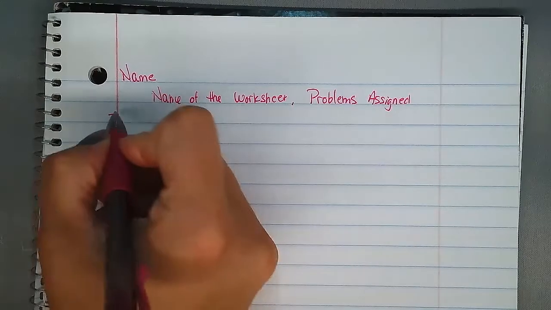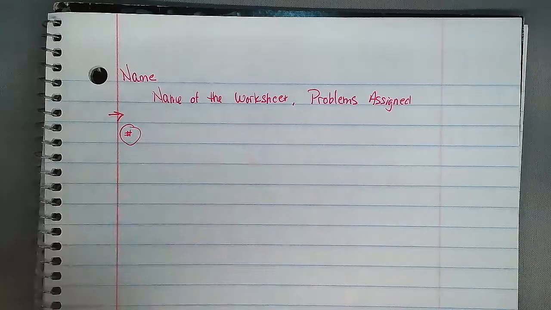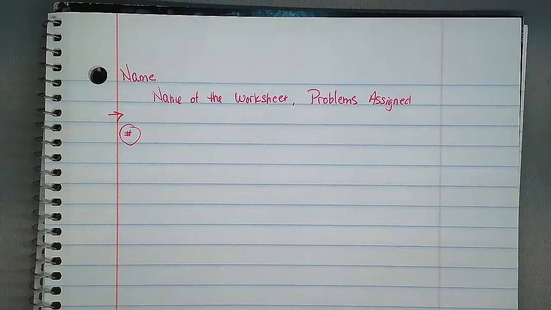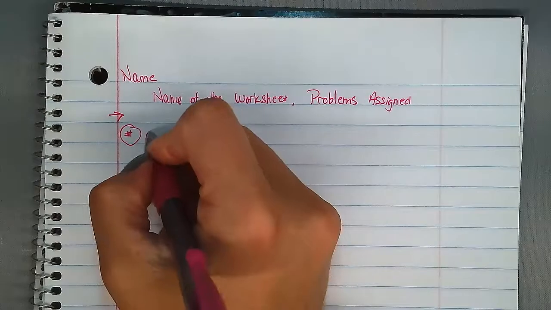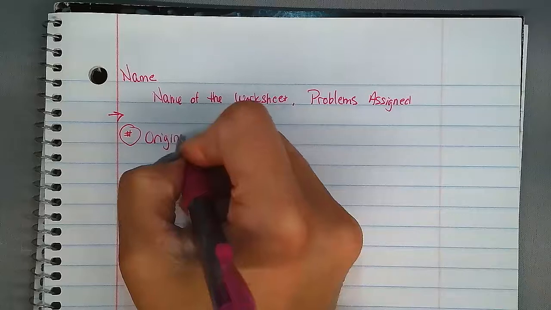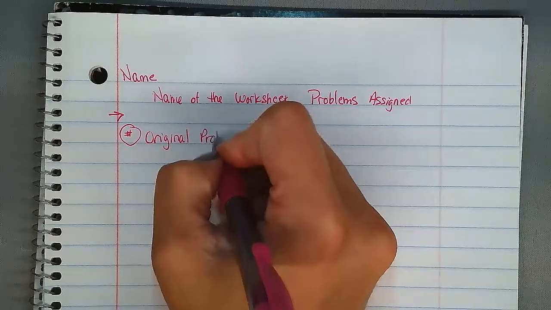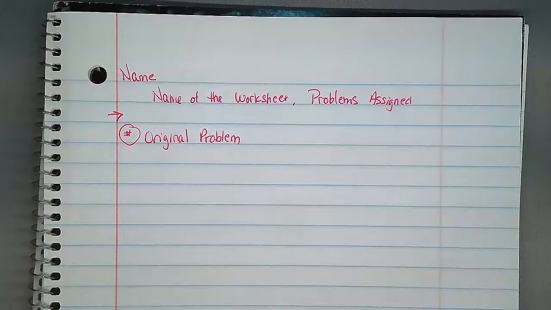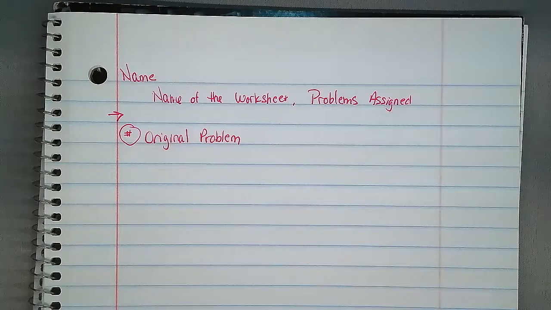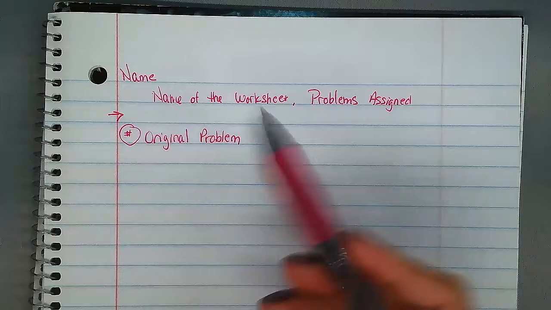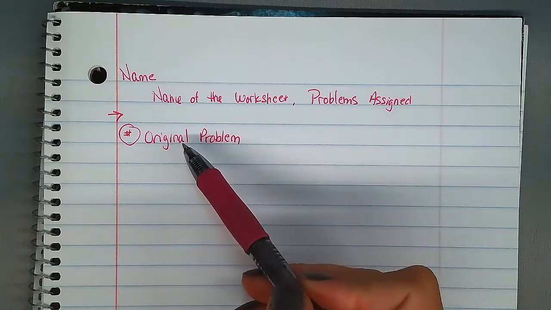Then we are going to skip a space, and we are going to start numbering the problems that are on the worksheet. So problem number 1, we're going to write the original problem from the worksheet. A lot of mistakes happen because the problem was copied down wrong or you read the problem wrong. So this will help us see if that's one of the problems.